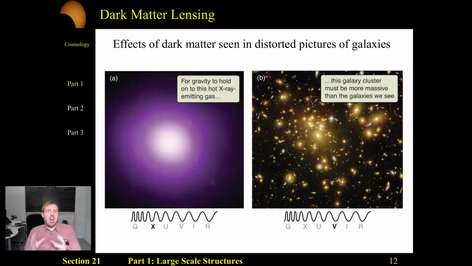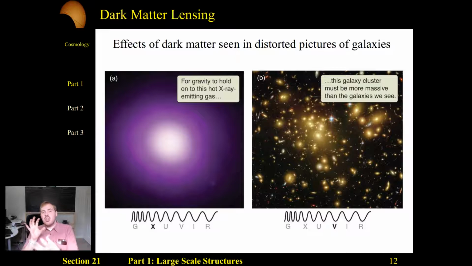You can see other effects of dark matter by looking through galaxies, and you see this gravitational lensing, right? Specifically this one, you see this kind of lensing effect. You can almost make out as if there's a lens there, where suddenly the light is warped around the galaxy there. Right?